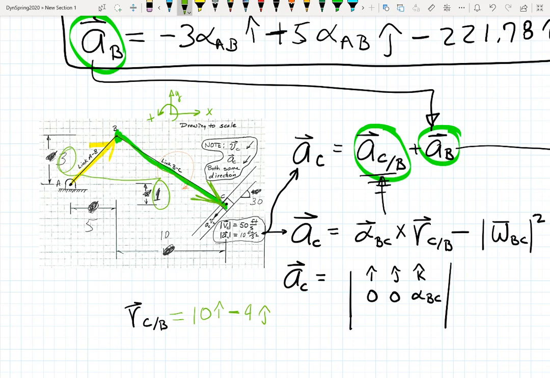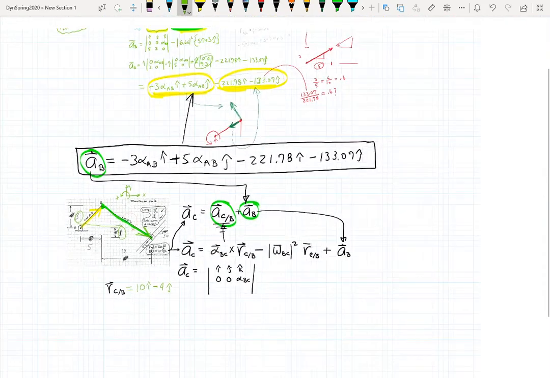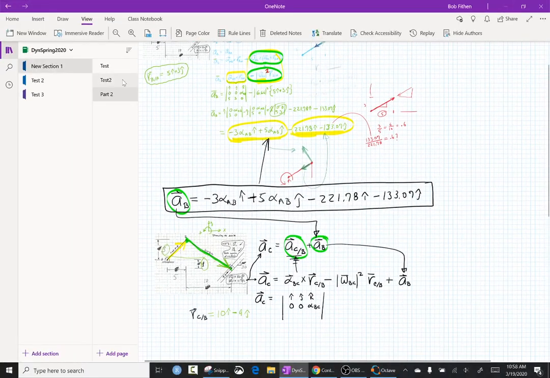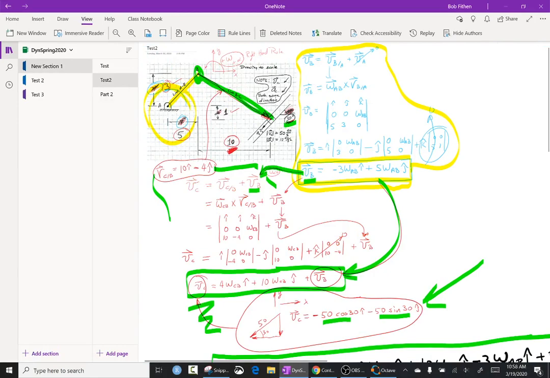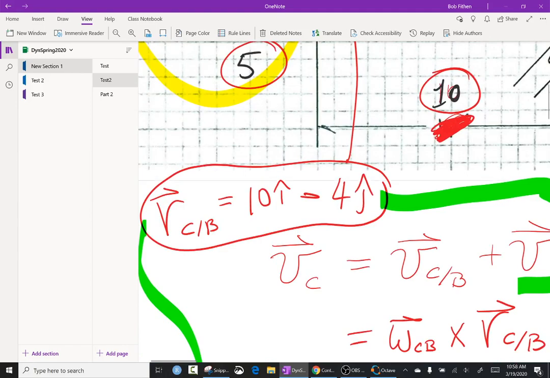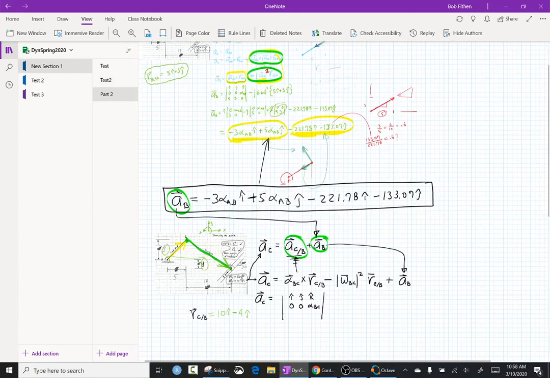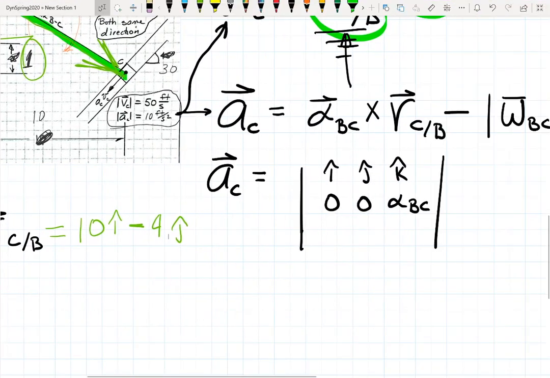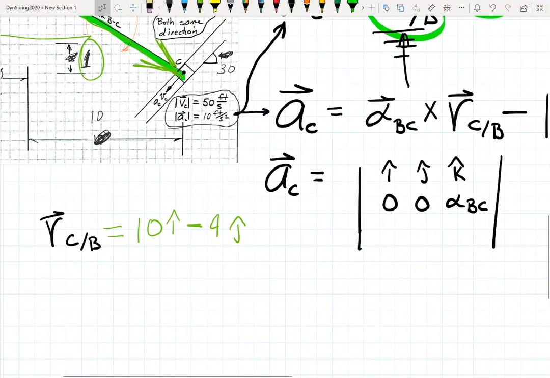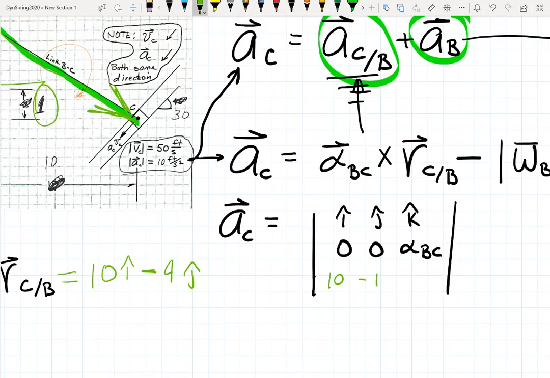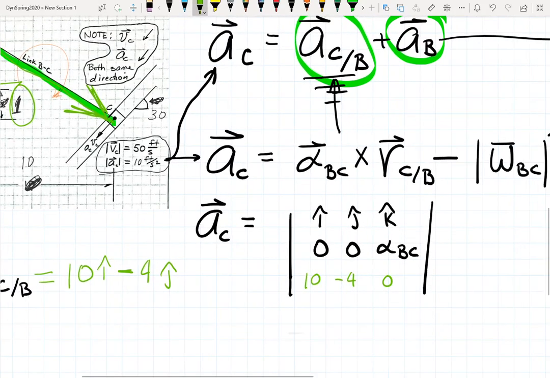I had better stop and jump back to the previous page to make sure I copied that correctly from the previous part of the test. Okay, so 10 minus 4. Just wanted to double check. I want to make sure I didn't make a mistake before. It's always possible. Easily possible. So I put a 10, put a minus 4, put a nothing.